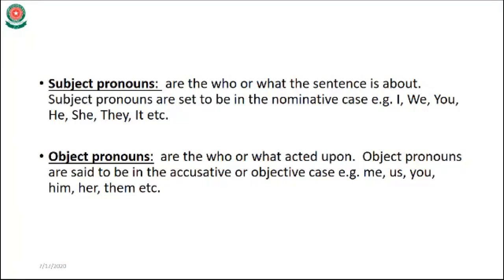Subject pronouns are said to be in the nominative case. Object pronouns are said to be in the objective case. The examples of subject pronouns are I, we, he, she, they, it, and the examples of object pronouns are me, us, you, him, her, them. I hope this time you will understand.